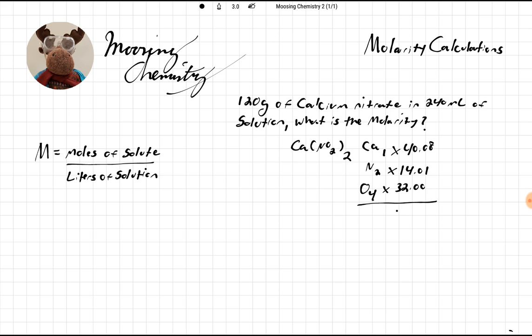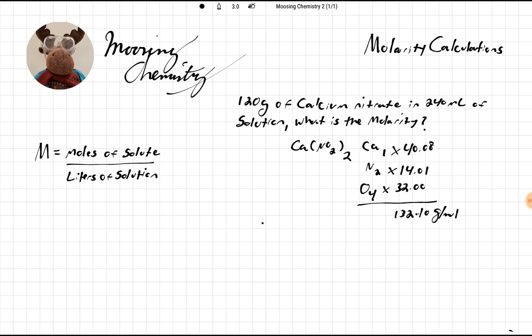So let's go ahead and do our calculations here. That's going to give me 132.10 grams per mole. Now I need to turn my 120 grams of calcium nitrate into moles of calcium nitrate.